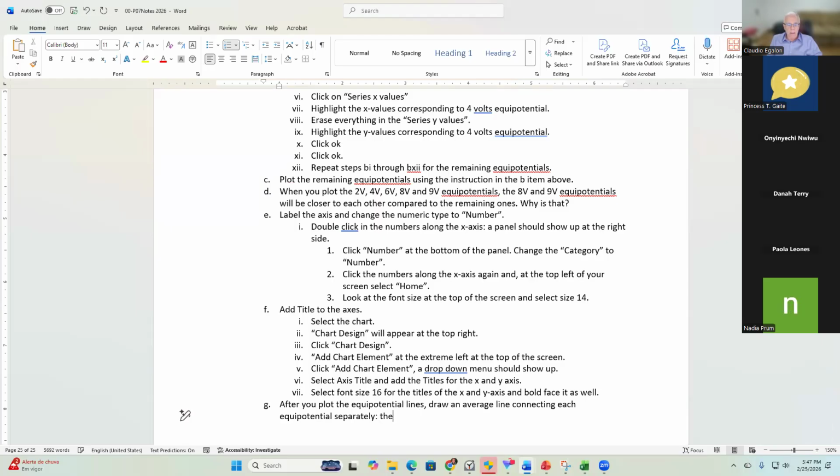These are the equipotential surfaces or equipotential lines.